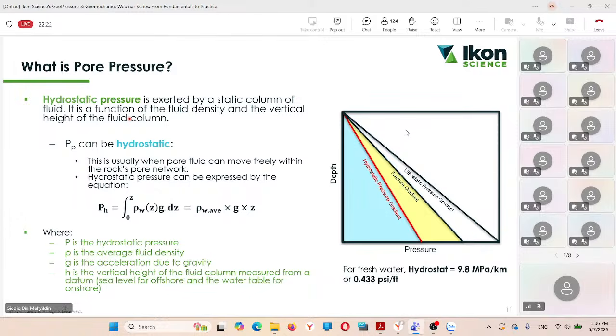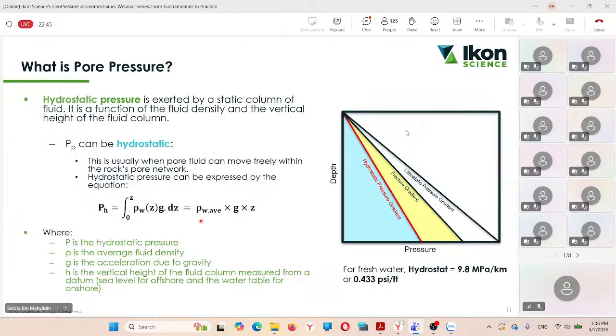Sometimes people say it as normal pressure. When you have hydrostatic pressure, it means that the pressure is only controlled by fluid density and depth. You don't need to remember this equation, but it's basically our high school physics, where the hydrostatic pressure is just the pressure of the water column.